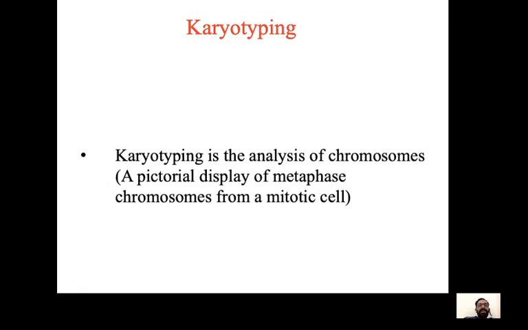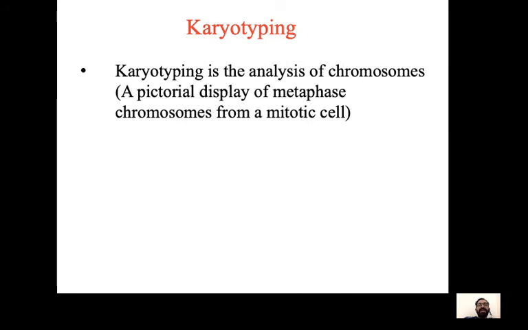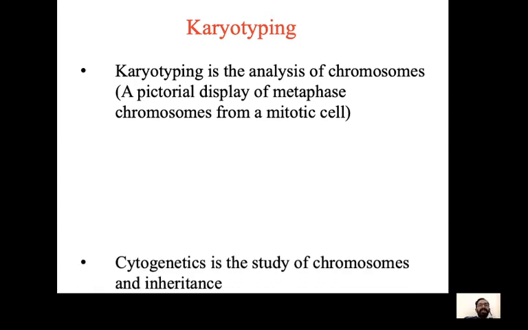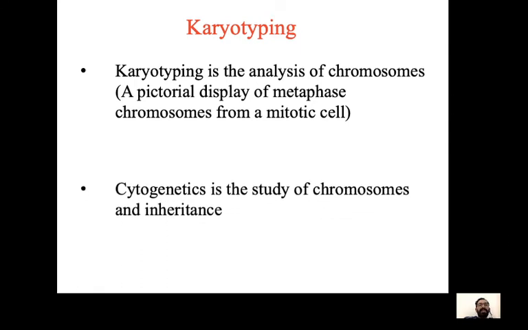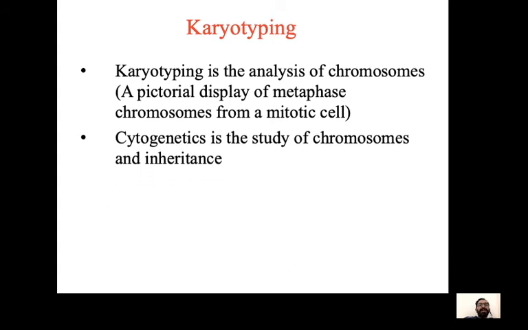Karyotyping is basically the analysis of the chromosomes, a pictorial display of the metaphase chromosomes from a mitotic or dividing cell. While cytogenetics is the study of the chromosomes and inheritance.